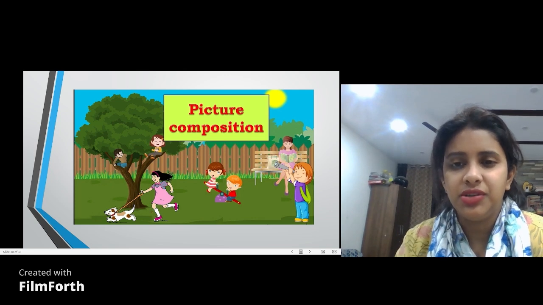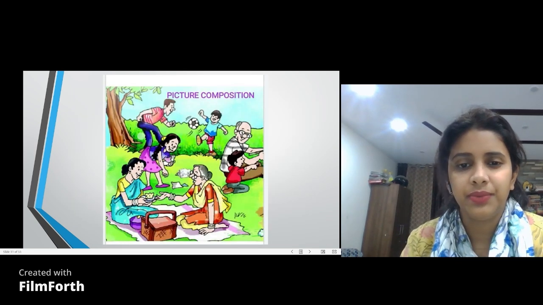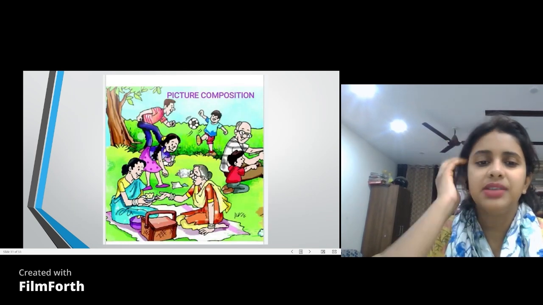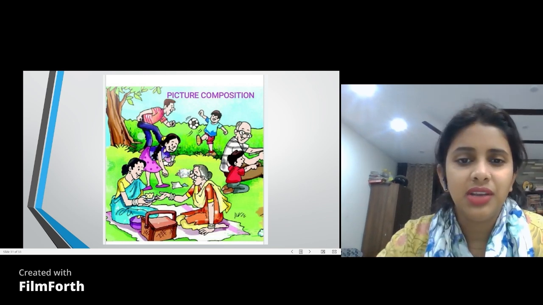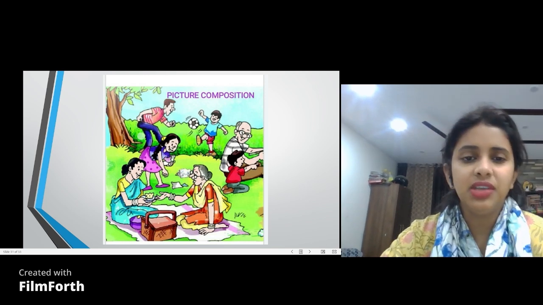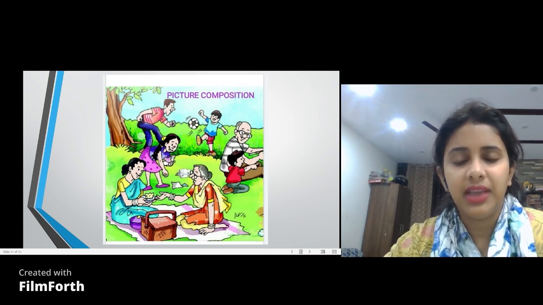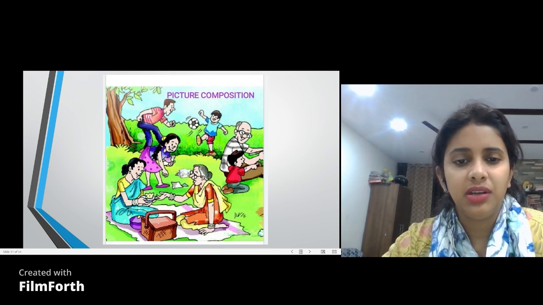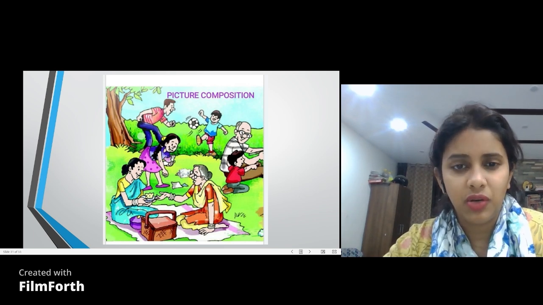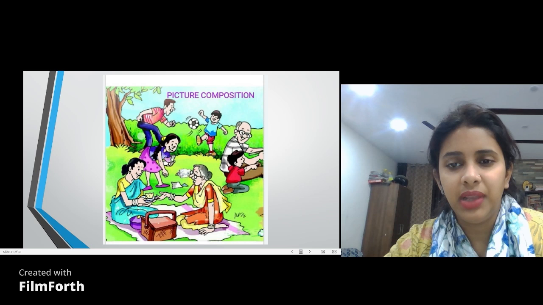Let's see another picture. Now, this is another example of picture composition. You see, there are two boys. First thing you do is take a glance at the picture nicely, properly. You'll observe each and everything. There's a lady who's sitting with maybe her daughter or daughter-in-law. There are kids who are playing.